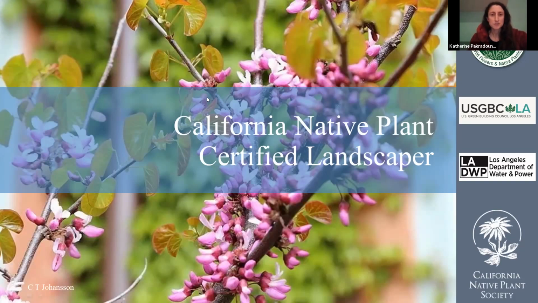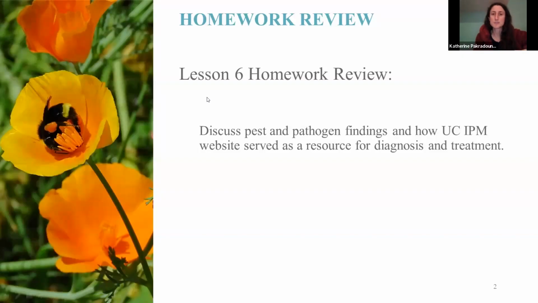We are going to start by doing a homework review. Most of you chose the option of discussing or identifying some either pest or potential pathogen issue in a landscape, either that you attend or your own personal landscape or one that you found, and running kind of that diagnostic process through the UC IPM website and coming up with some possible issues.